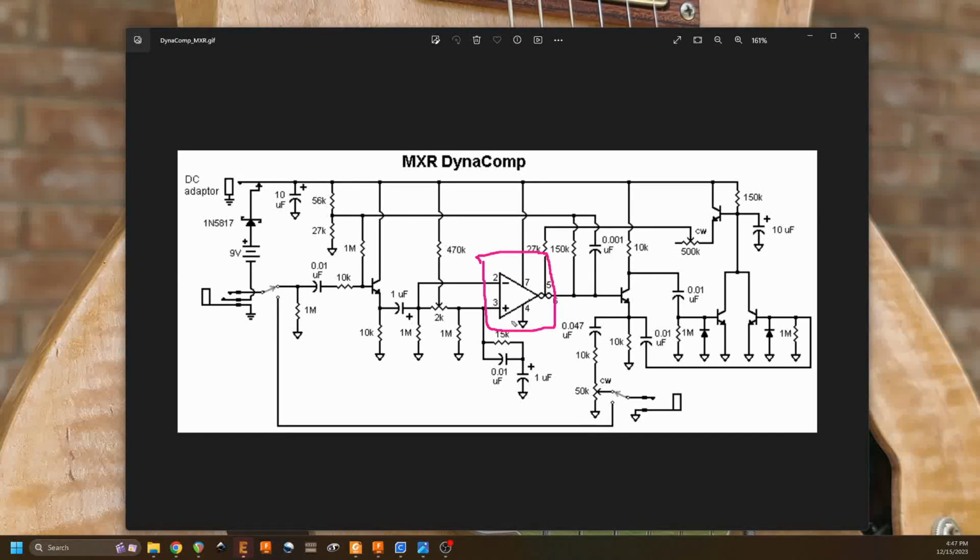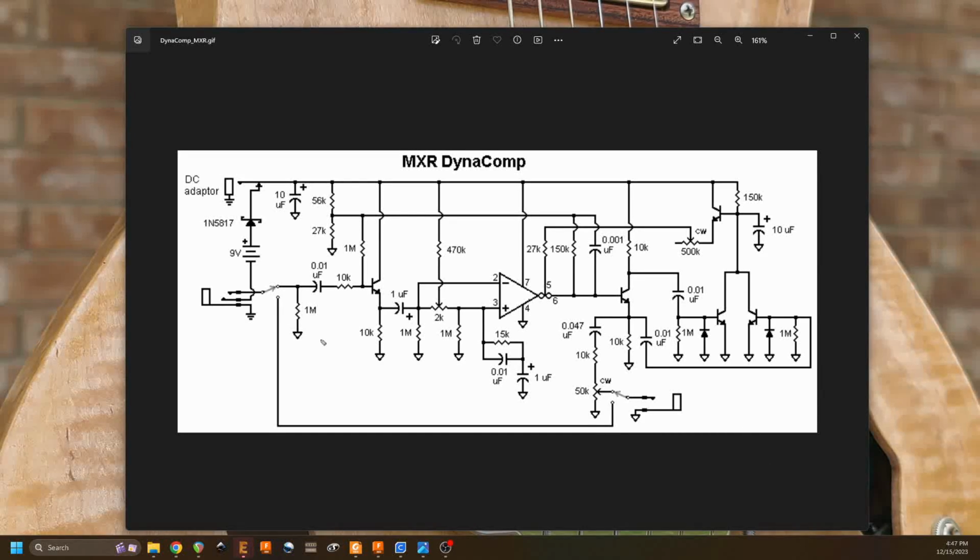So instead of amplifying the magnitude of the voltage, it is amplifying how much current is going through. We're not going to get deep into exactly what that means, but it's an important distinction between the types of devices. And we'll talk a little bit more about the OTA as we get into our circuit.